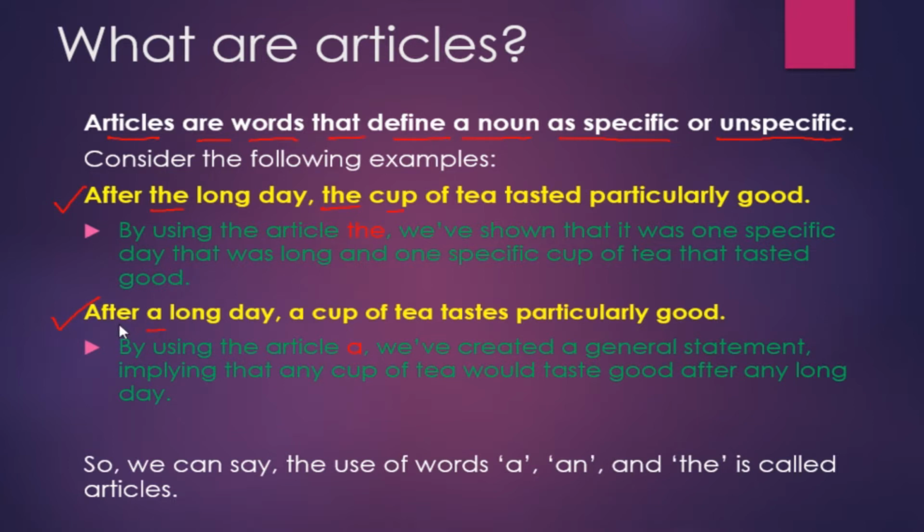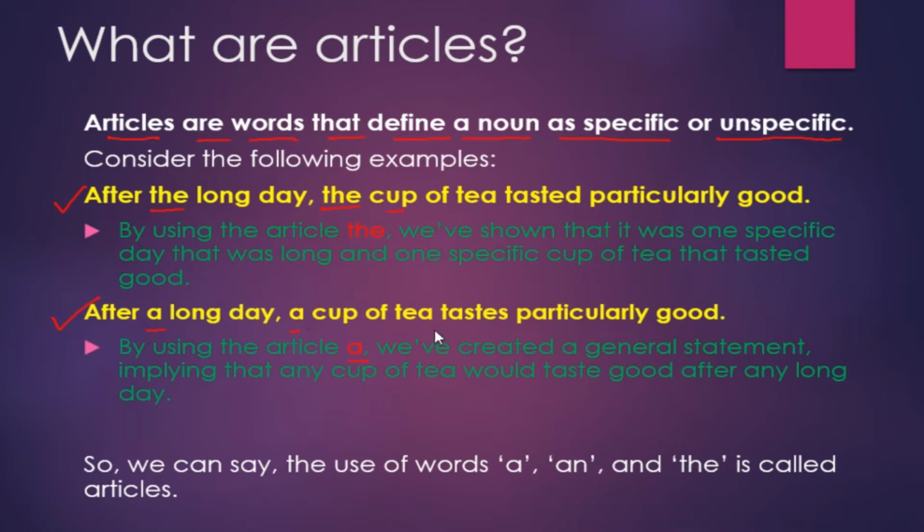In this case, after a long day, a cup of tea tastes particularly good. That means here, by using the article A, we have created a general statement implying that any cup of tea would taste good after any long day. Is it clear?